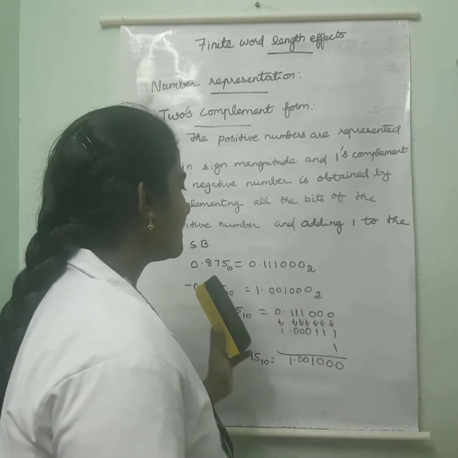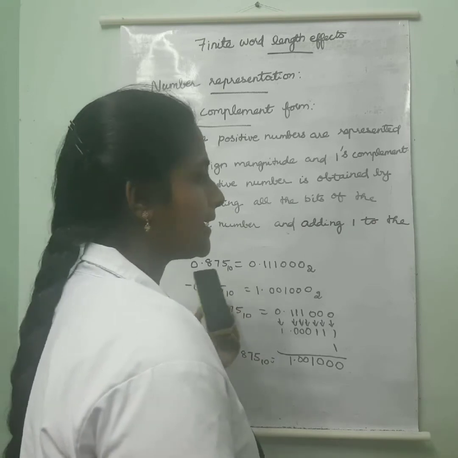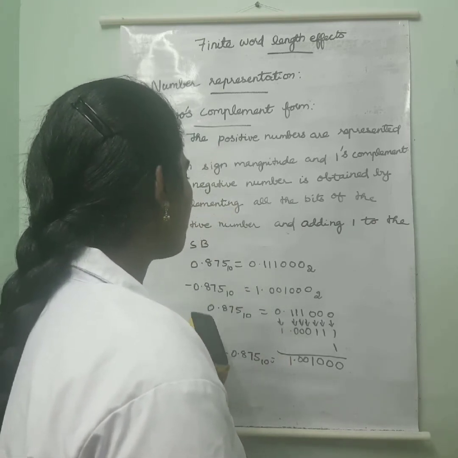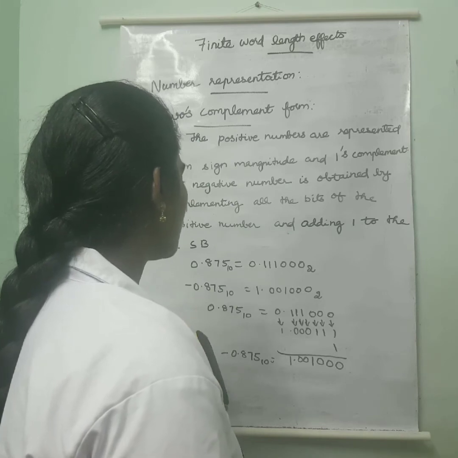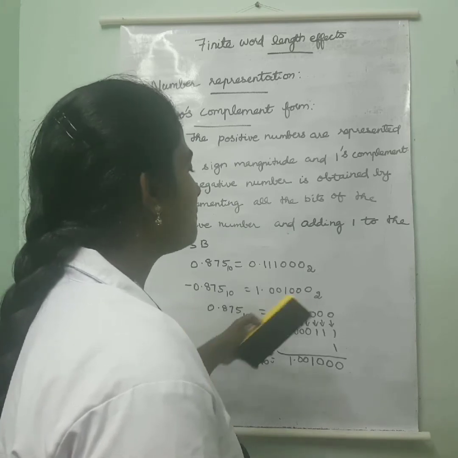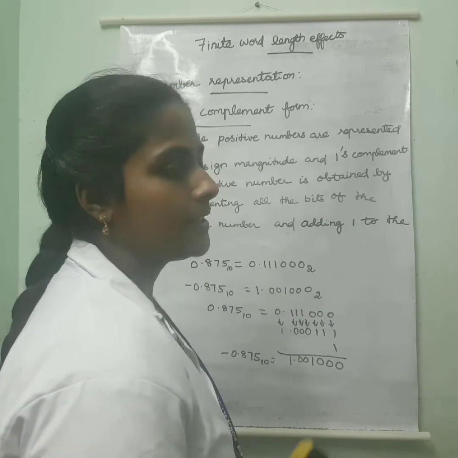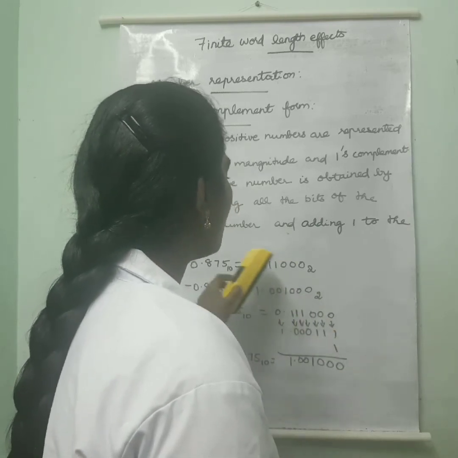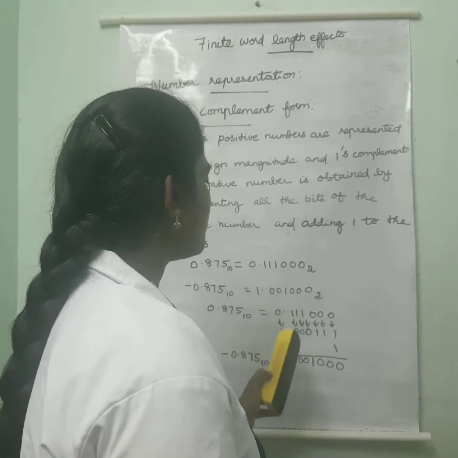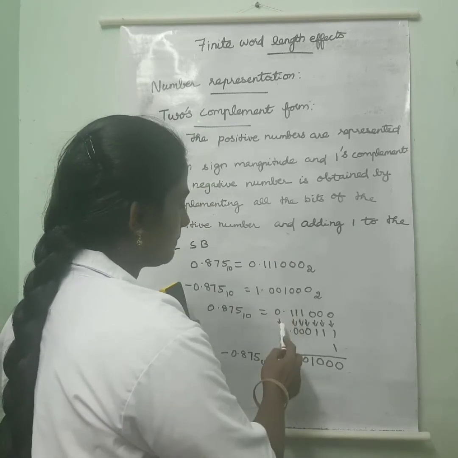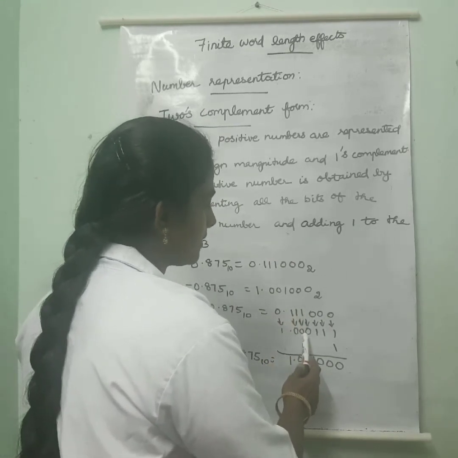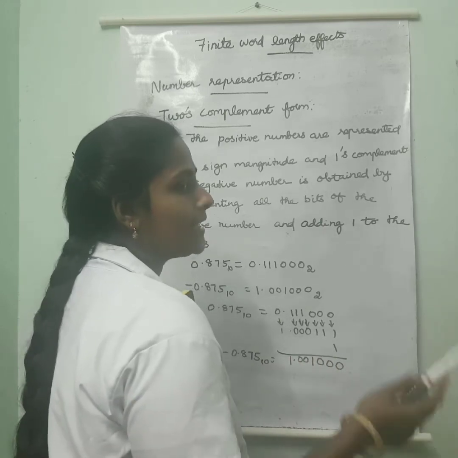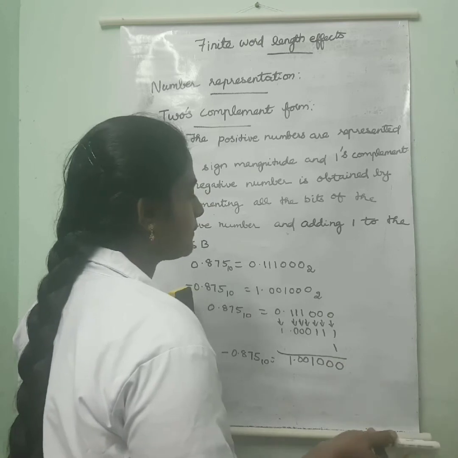The positive number is represented as 0.111000, but the negative number in 2's complement is obtained by complementing all the bits. Every bit you have to complement. So when you complement, you will get 1.000111, and you have to add 1 to the LSB, the least significant bit.